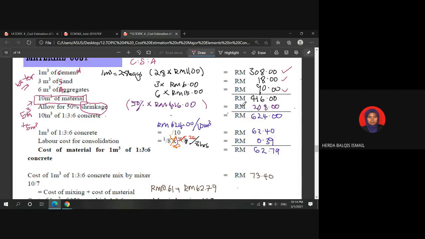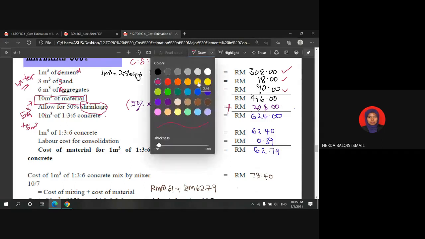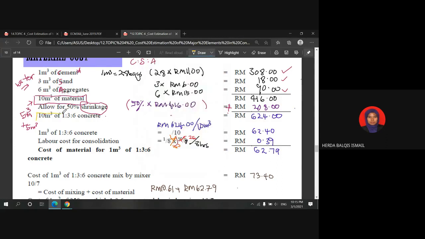Once you total this value, 416 plus the shrinkage value of 208 ringgit, you will get the actual 10 cubic meters of 1 to 3 to 6 concrete, which the price is 624 ringgit.